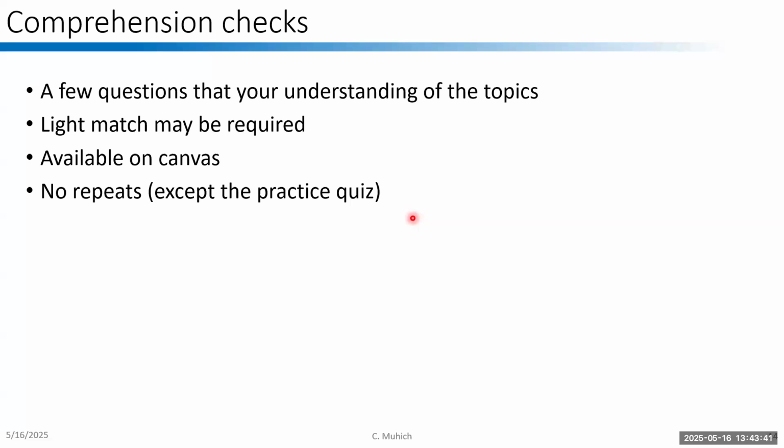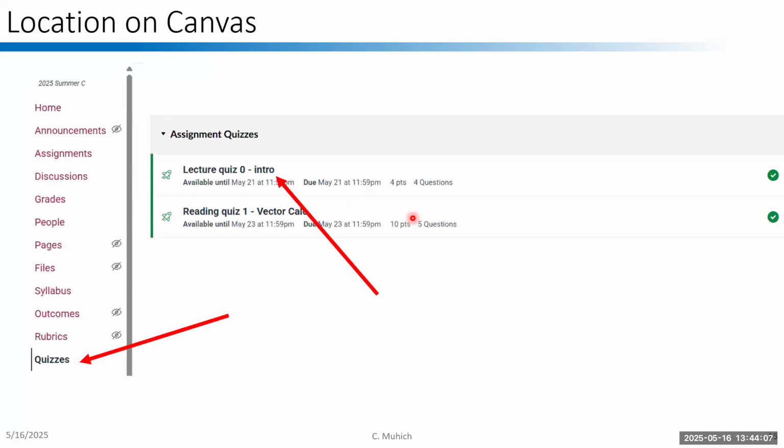Okay, so comprehension checks. These are going to be a few questions that should test your understanding of the various topics. So light math may be required. They'll be on Canvas. It's a one-time only timed test without repeats, except a practice quiz, which you can take over and over just to get used to the Canvas system.